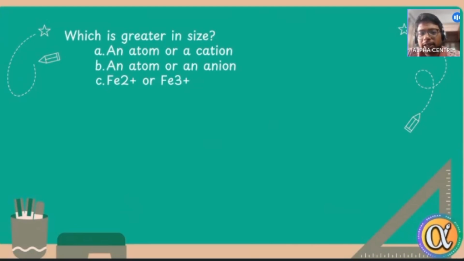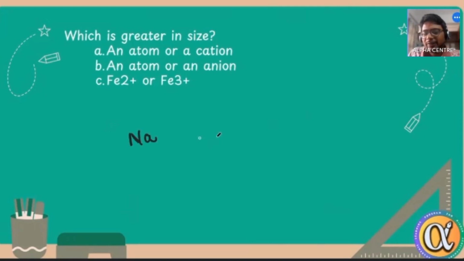An atom or a cation, which is bigger in size? Now, again, this is not in the board examination, but I have seen this question multiple times in pre-board papers. Let's think of sodium and sodium plus, which is bigger?